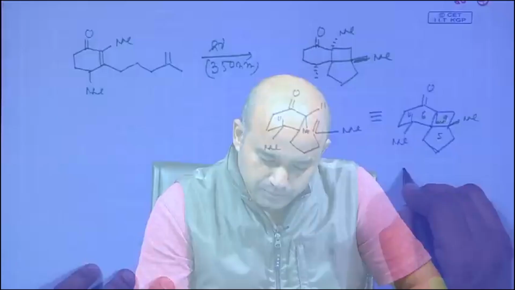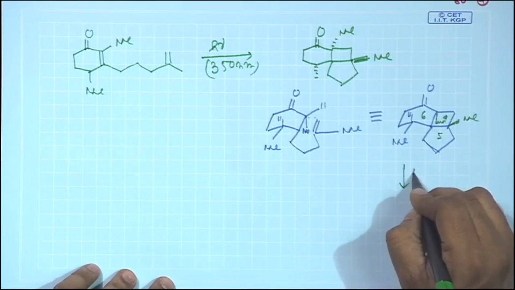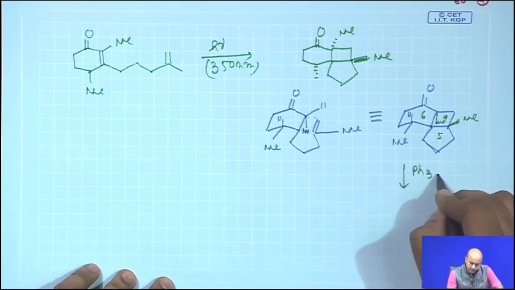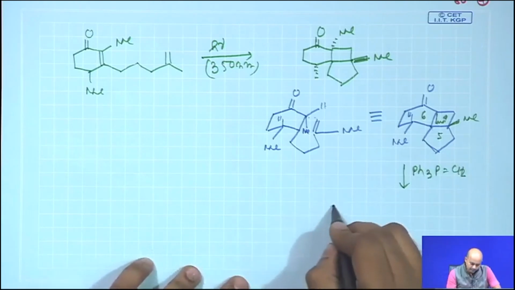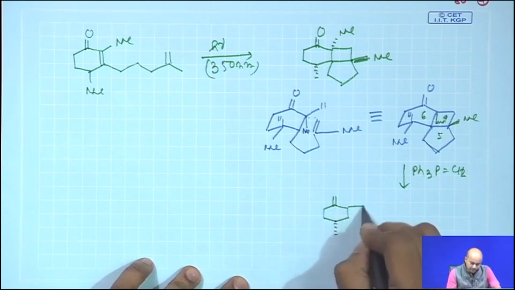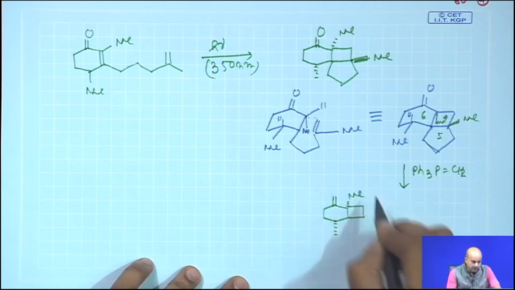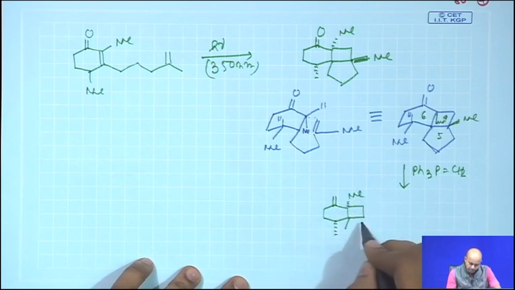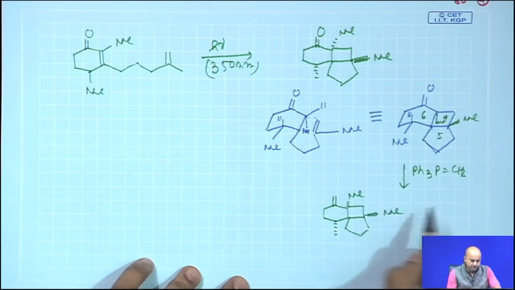Your next part will be quite easy. So, next what do we do? You do a simple Wittig reaction. The Wittig reaction will give you everything the same. This is your methyl, and the exocyclic double bond will just be created, right.